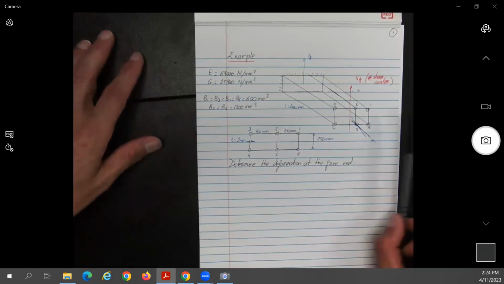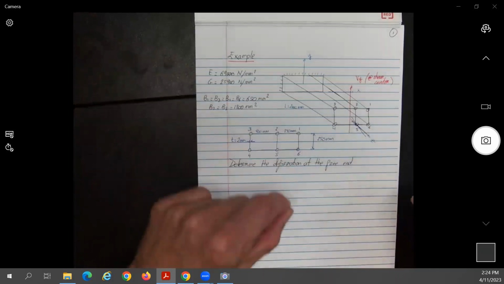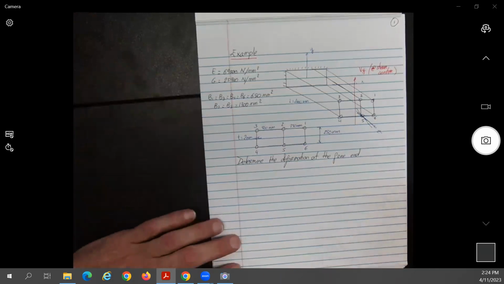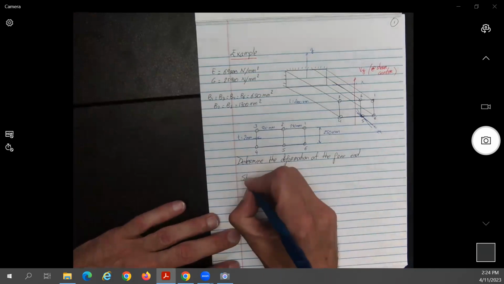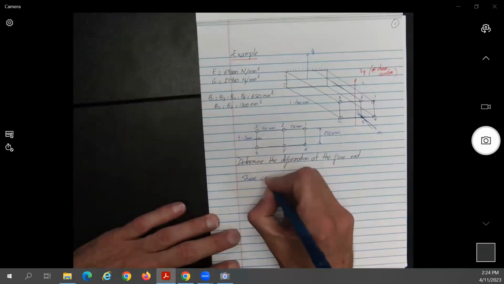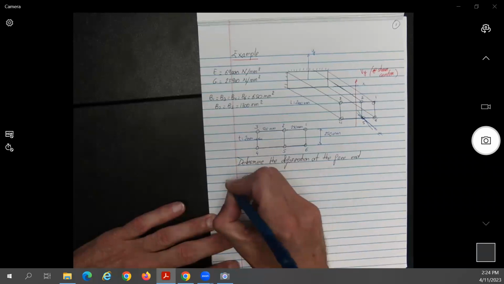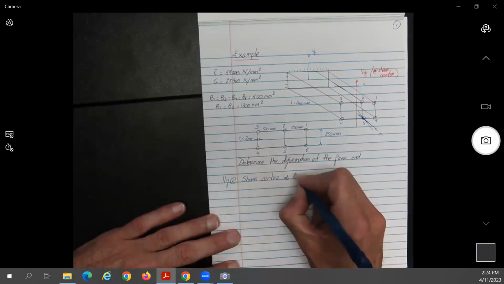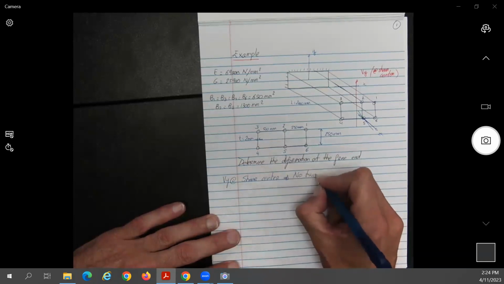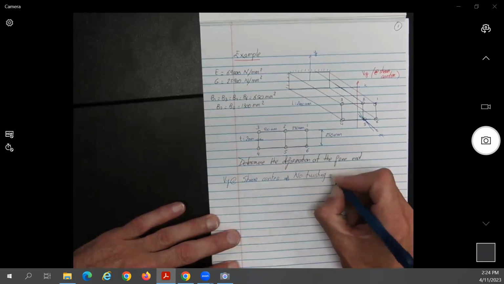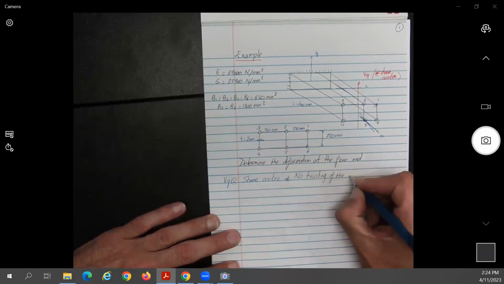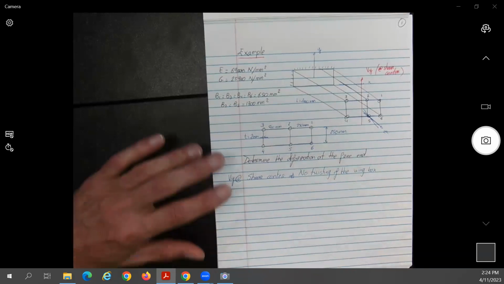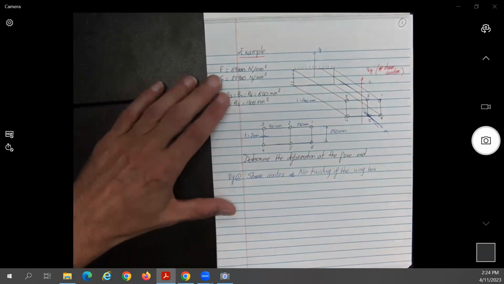So basically, this is just going to move up and down, and there won't be any twist, no? Let's write it down just to make sure. Shear center: Vy at the shear center implies no twisting of the wing box. So basically, this would just be moving up and down.